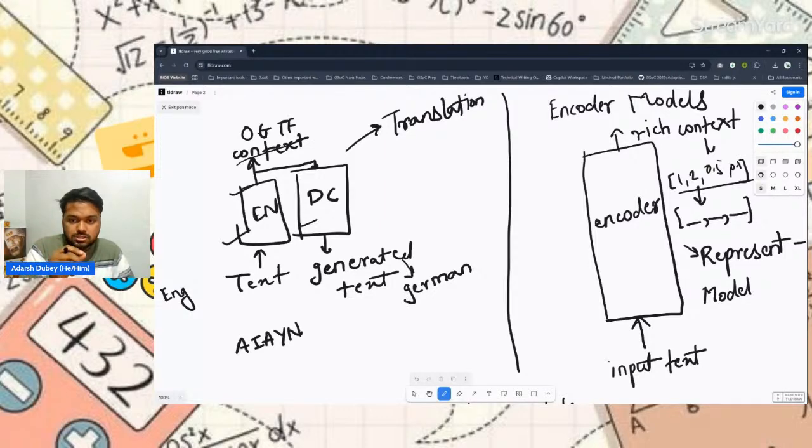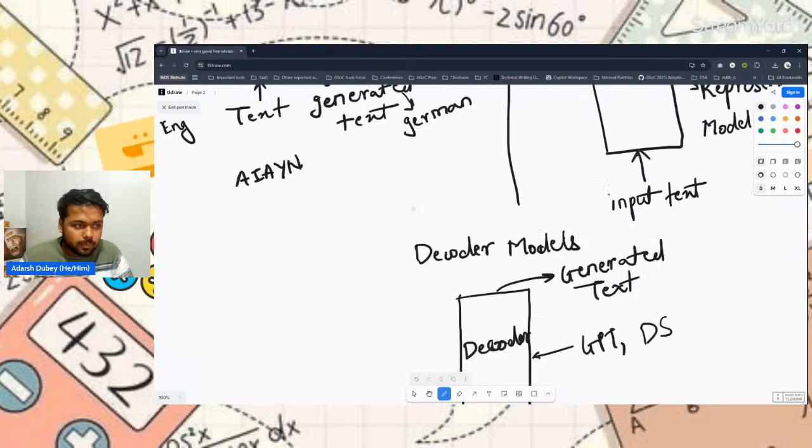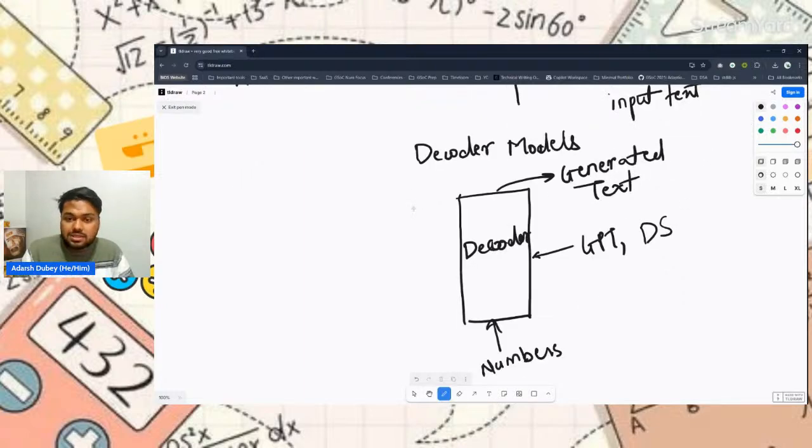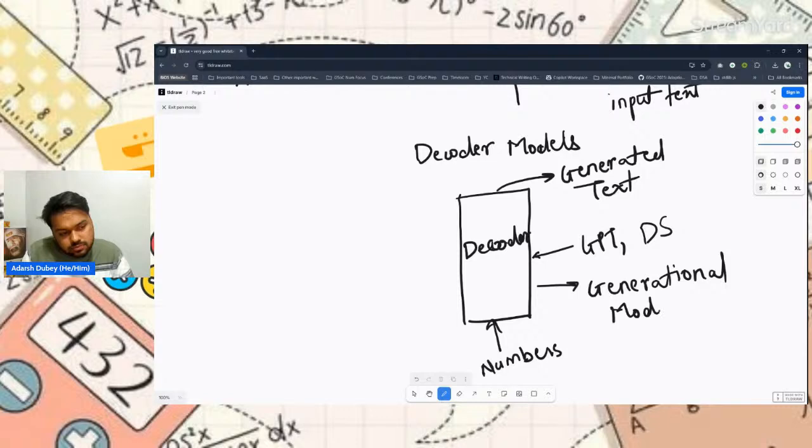And that's why this is known as the representational model, because this model represents text. It might represent that the text is in good will, or bad will, or neutral will, right? So it represents. Now these are known as generational models. The decoder only models are called generational models.